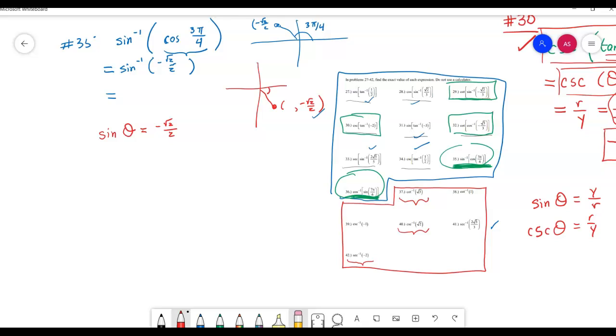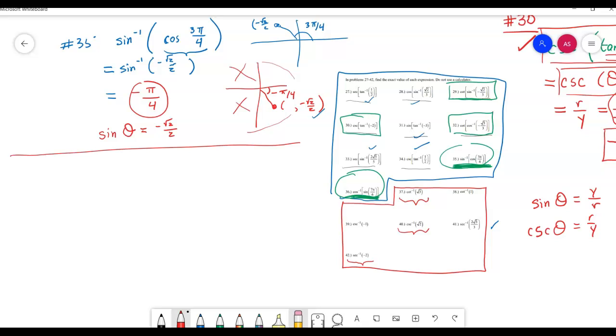That angle has to be negative pi over 4. Okay? So you evaluate cosine of 3 pi over 4. Then you ask yourself, what angle for sine gives me out that y value? But be careful, sine inverse lives in the first, fourth, not second, third.